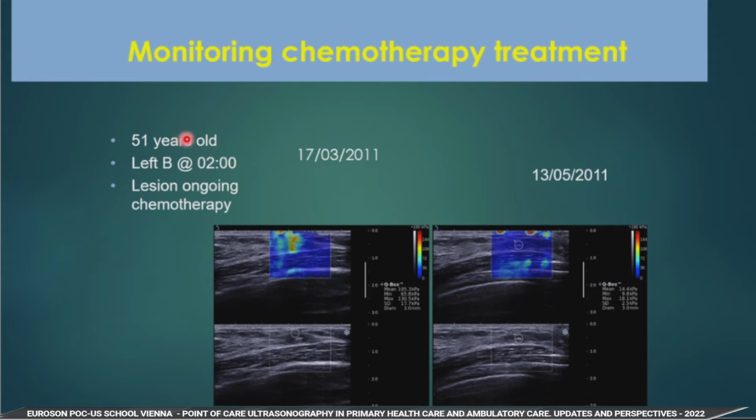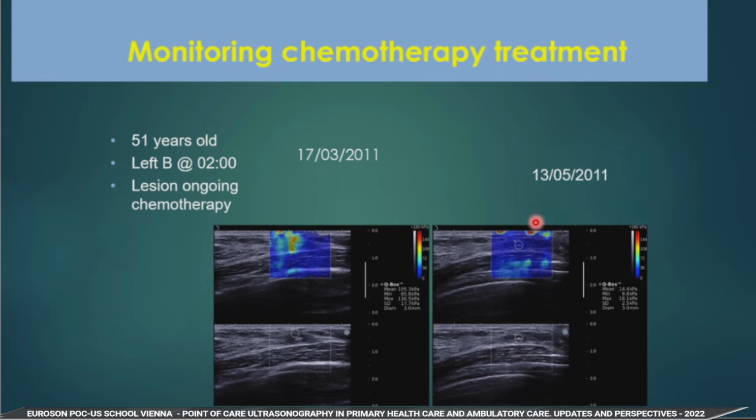A 50-year-old woman, not evident carcinoma, difficult to detect, but palpable, and you have here a good reaction with more than 150 kilopascal. Then after 3 months of treatment, you see the huge modification, the inflammation, the edema decrease.